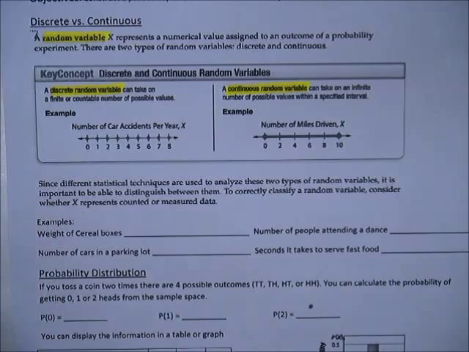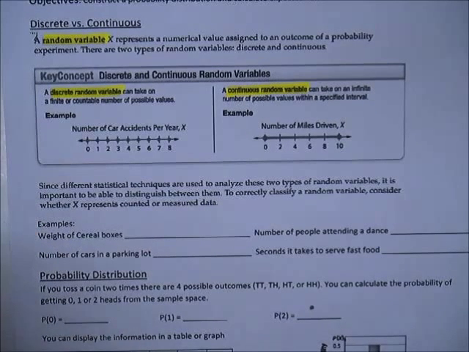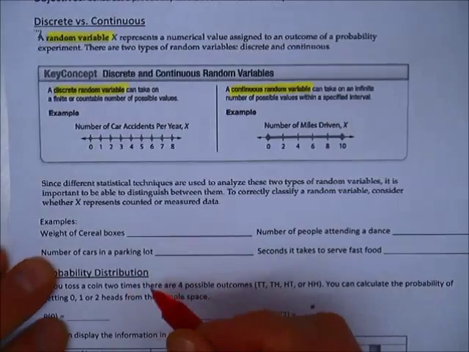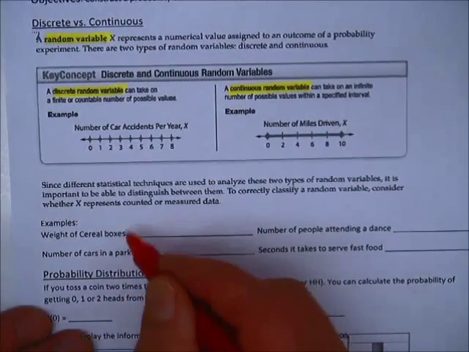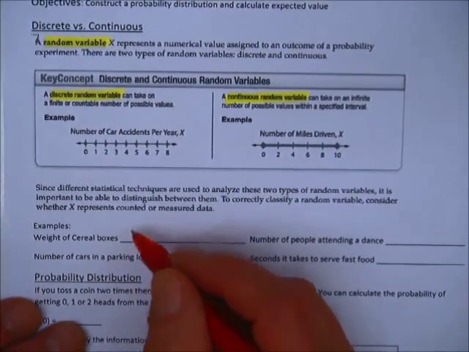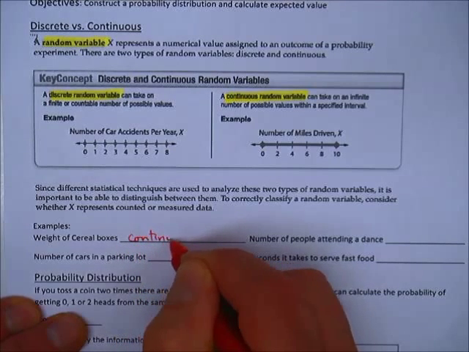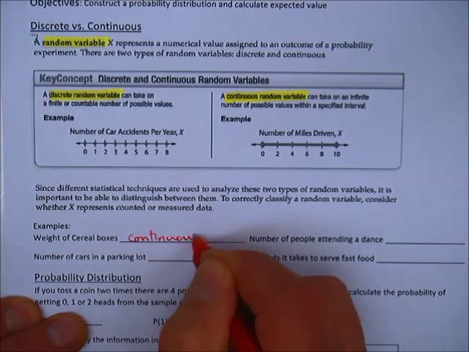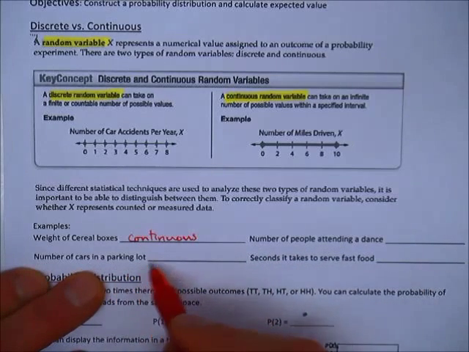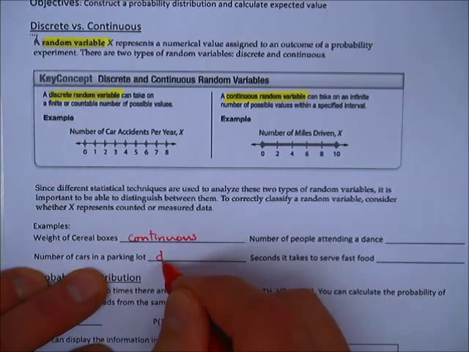So for instance, down here we have the weight of cereal boxes. That's going to be continuous because you could have partial cereal boxes. The number of cars in a parking lot, that's got to be discrete.